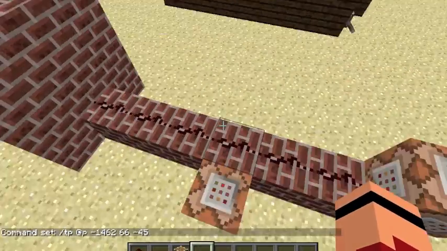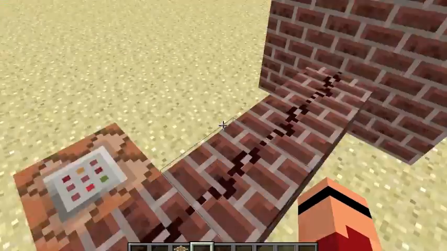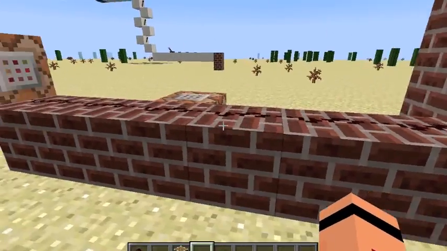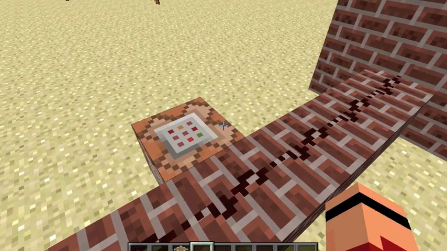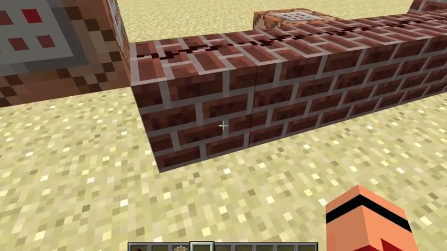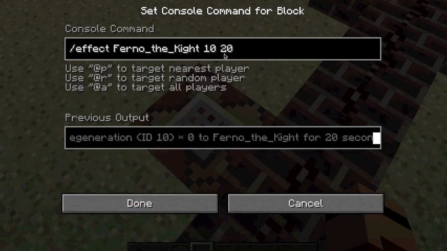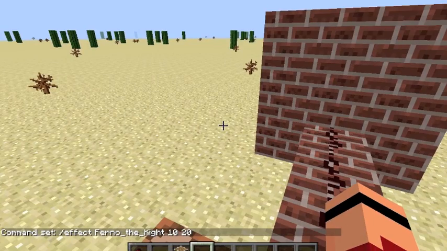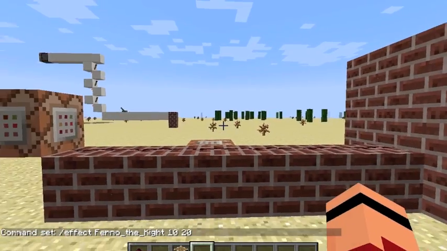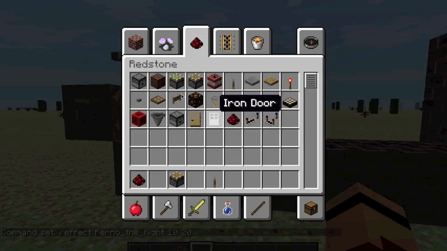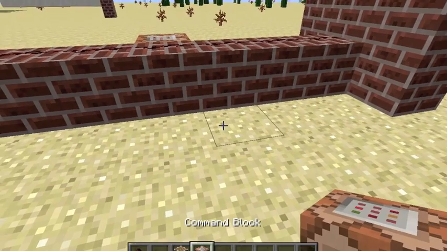The only thing I wanted to show in this design is that you can use redstone to also power other command blocks. With the redstone powering the blocks below it, it also powers this command block, which gives me this effect, which happens to be regeneration. So I get regeneration as soon as I spawn onto the teleportation platform.